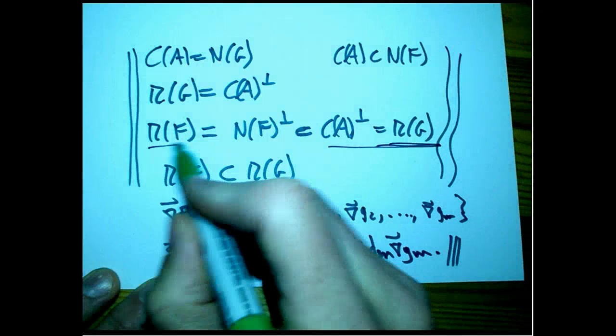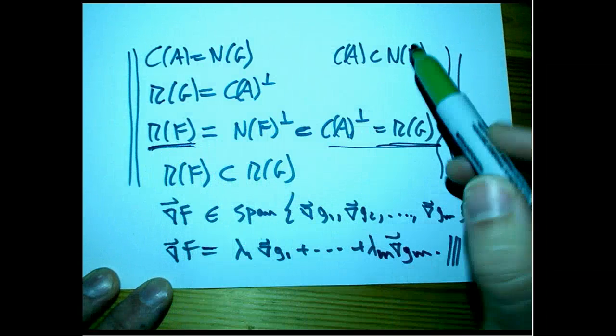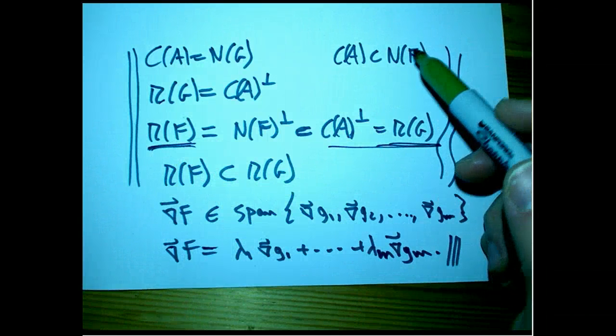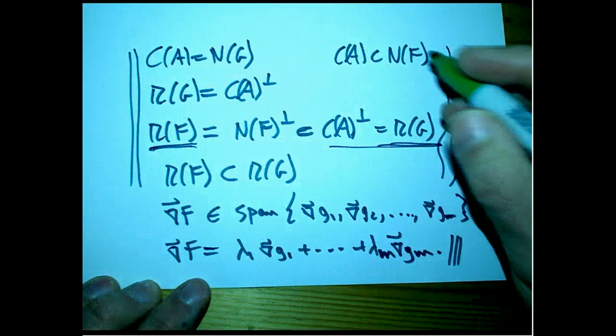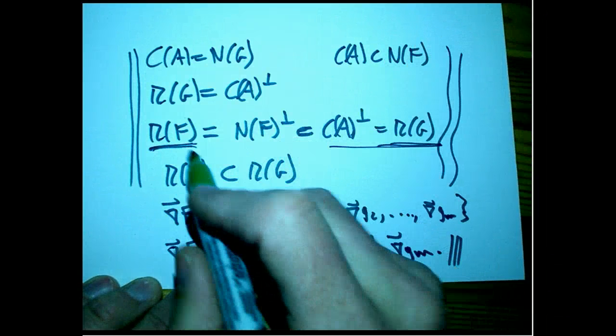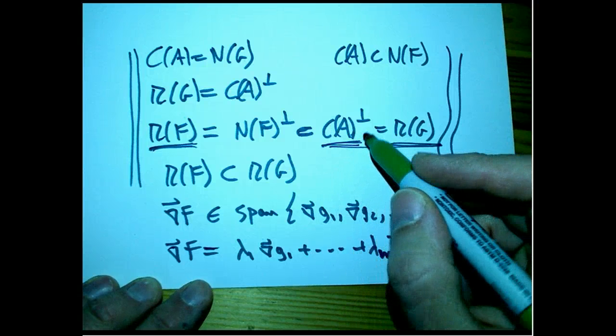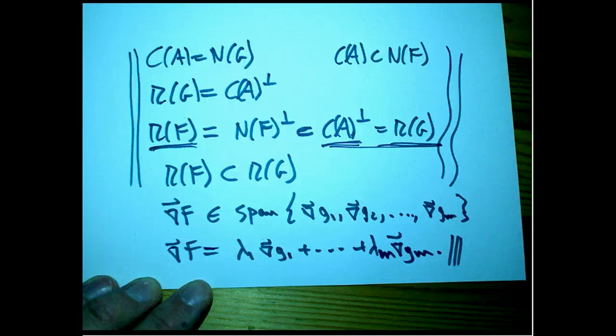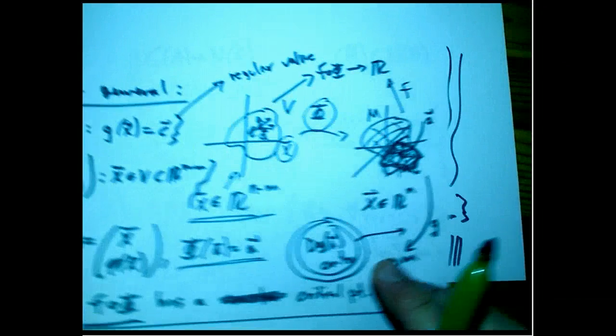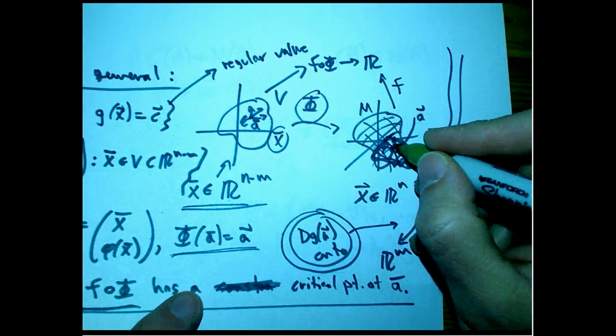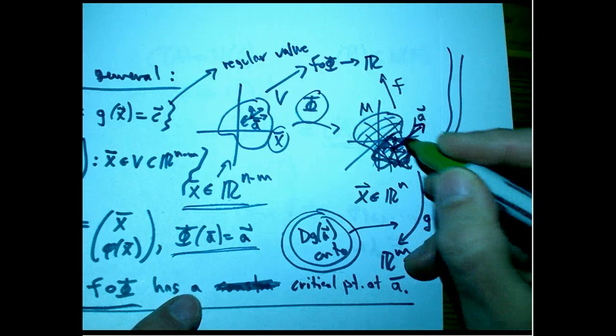Okay. So if I'm something in the row space of F, one way to express this is that that has to be something that kills all the outputs of A. That's really the expression that the gradient of F has to be perpendicular to that tangent space.